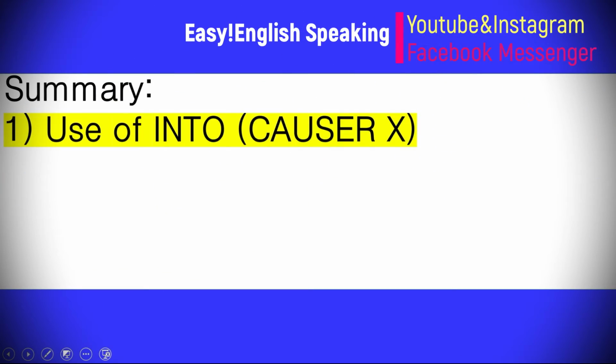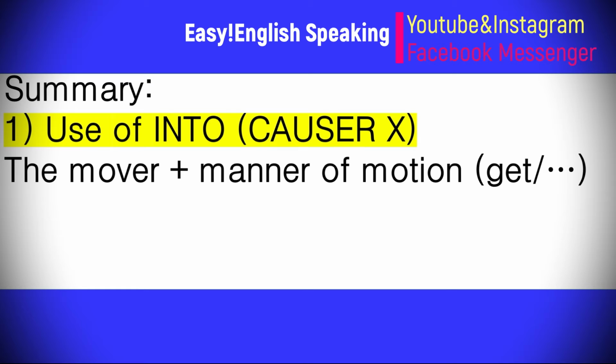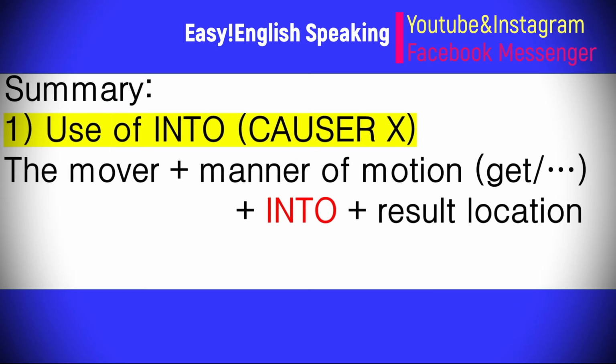Summary. Use of into when the causer is not present. Then you can use the mover, a manner of motion verb like get, then into and the result location. For example, you can say: the mascot gets into the net, or the mascot slides into the net, or a woman bumps into a man.